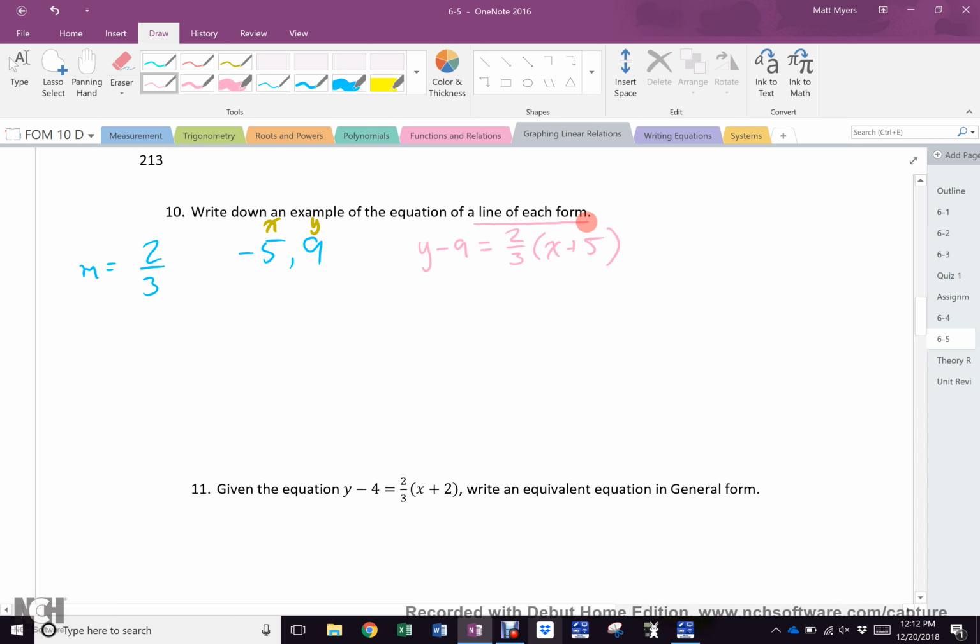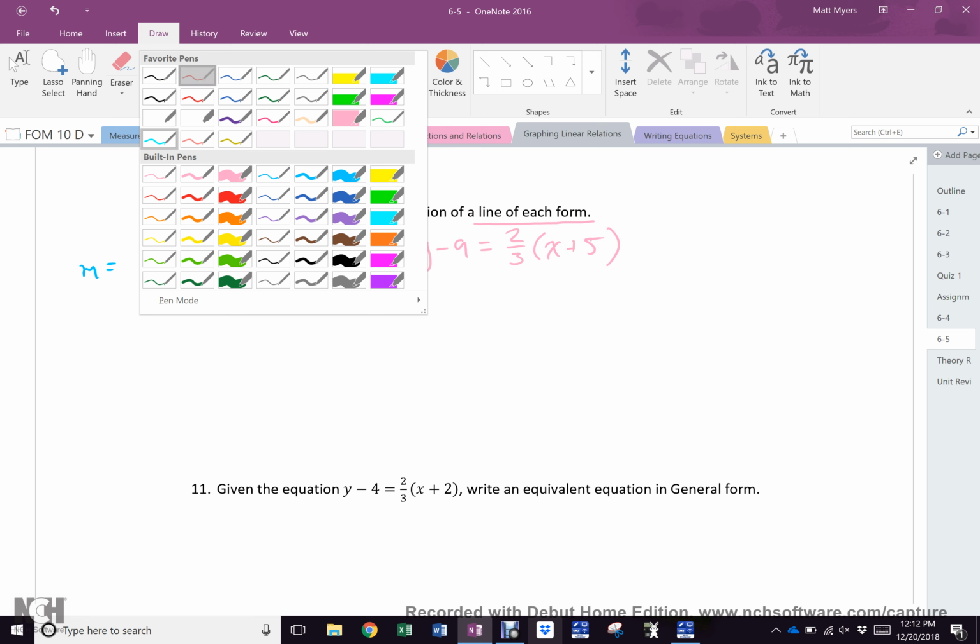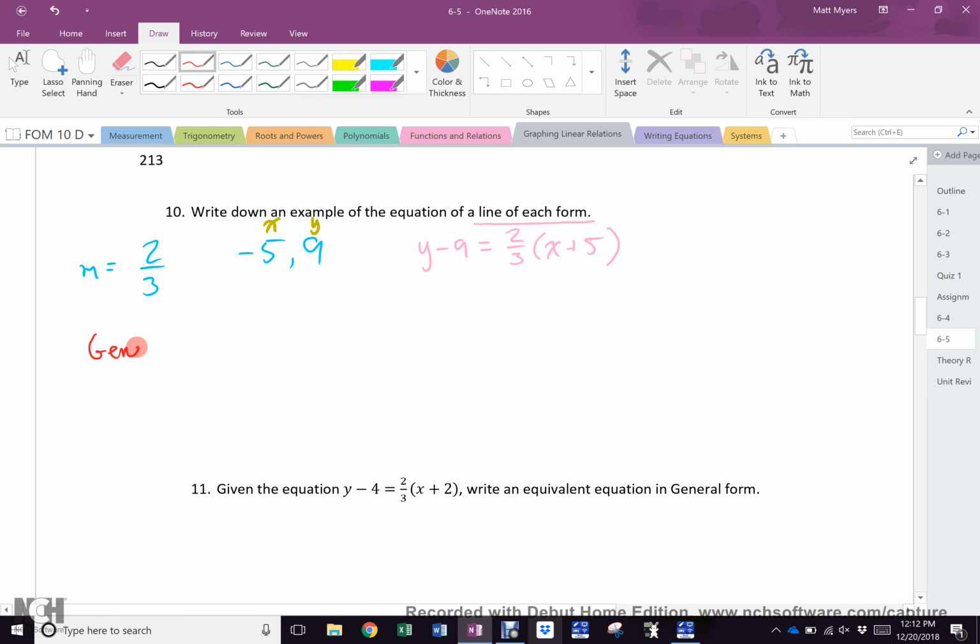I want every other form. So, what are the other 3 forms? General form, standard form, and slope intercept. Now, what do we know about all 4 of these forms?